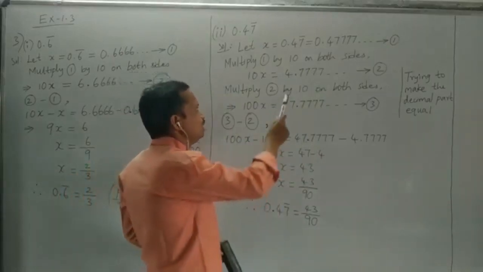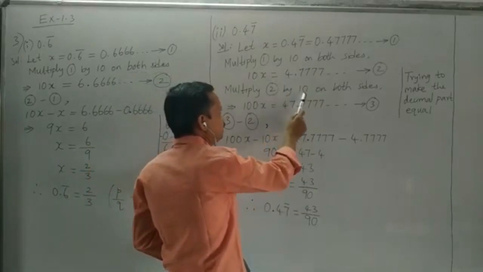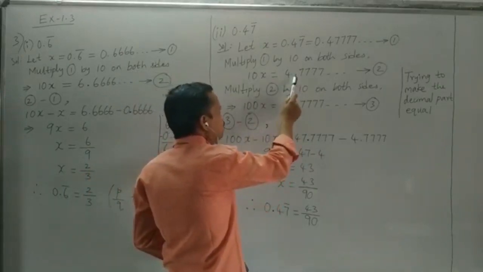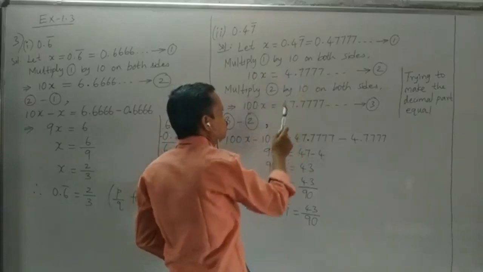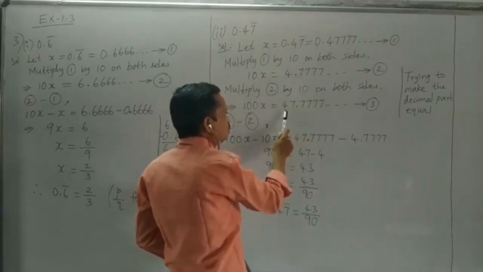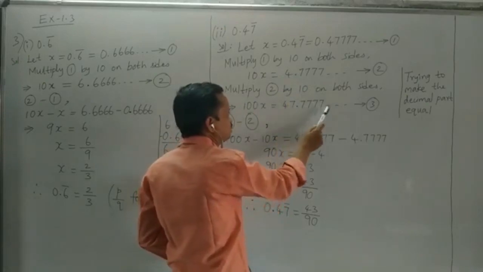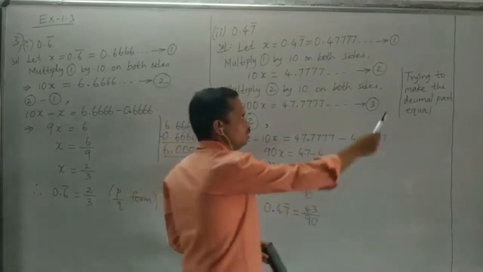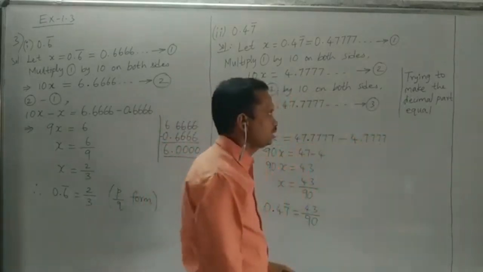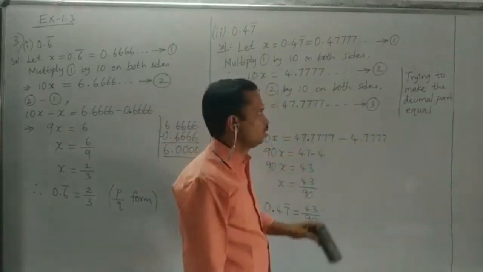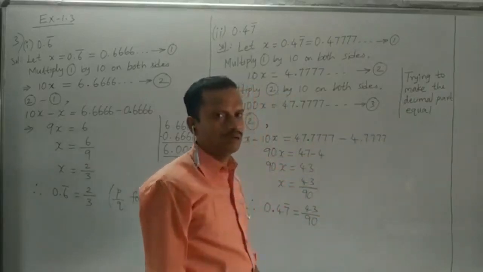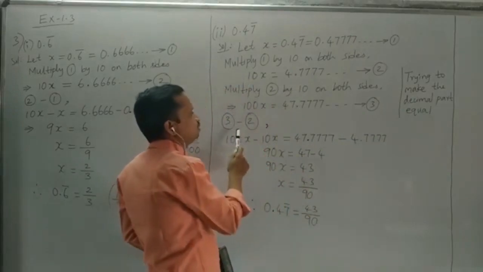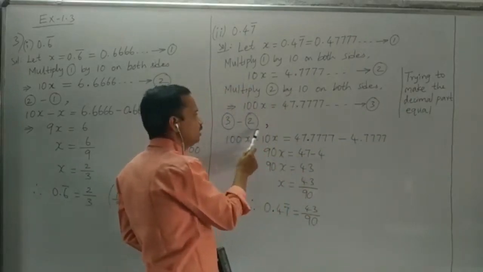So further, you multiply this second equation by 10 and you get 100x, and the decimal point will move one place forward, so you get 47.777. Now you see that the decimal parts are equal. I wrote here what we have to do: try to make the decimal parts equal. After making the decimal parts equal, we can do equation 3 minus equation 2.